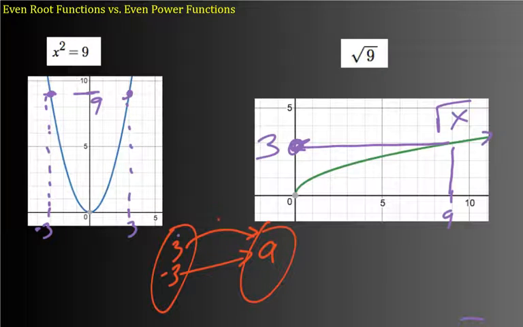But the inverse only takes 9 back to 3. It does not take it back to negative 3. You're losing some information with that inverse relation there. But the benefit is that it's a function. That's the idea. You lose stuff, but we get that it's a function, which in our math makes things easier.